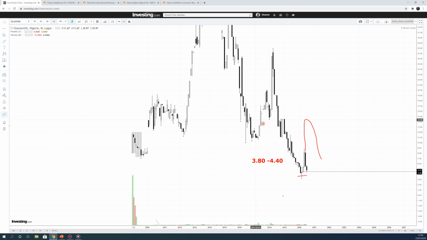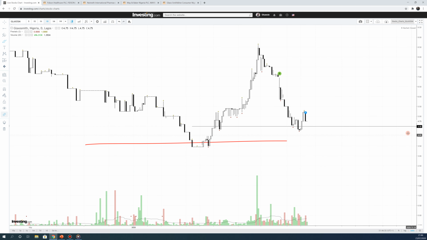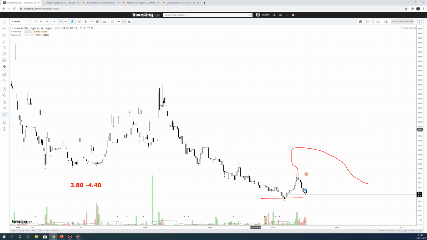For now, this stock is only good for short time. We need to see strength on at least weekly, we need to make higher highs before we can purchase this.